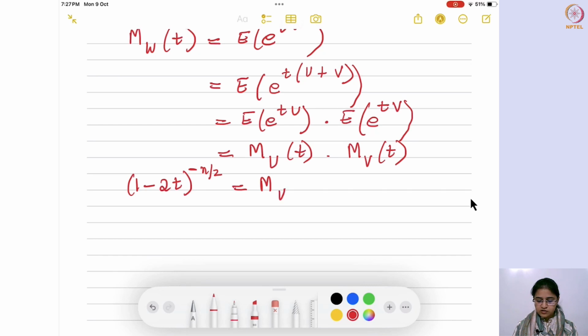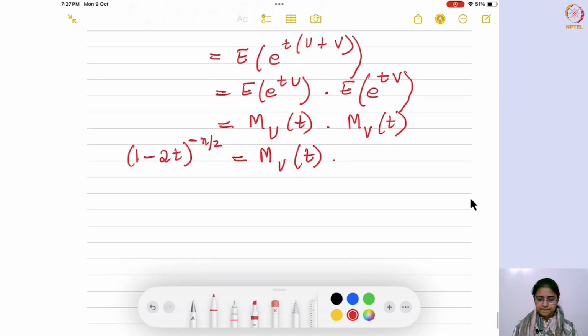And V is following chi square with 1 degree of freedom, so its MGF will be (1 minus 2t) to the power minus 1 by 2.